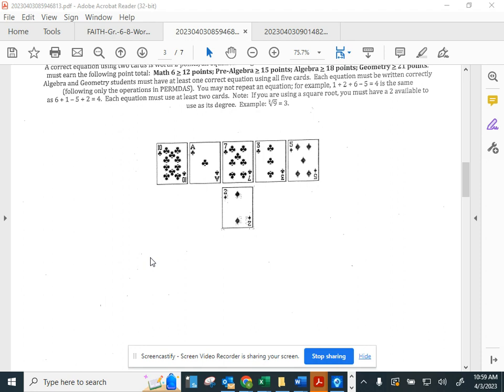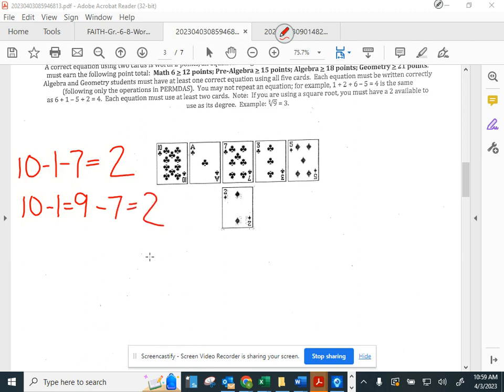When we write an equation, it only has one equal sign. So we could do something like 10 minus 1 minus 7 equals 2. We don't want to say 10 minus 1 equals 9, 9 minus 7 equals 2.